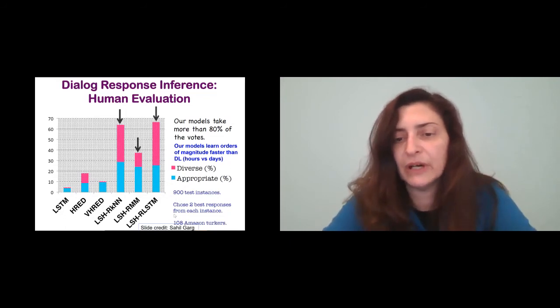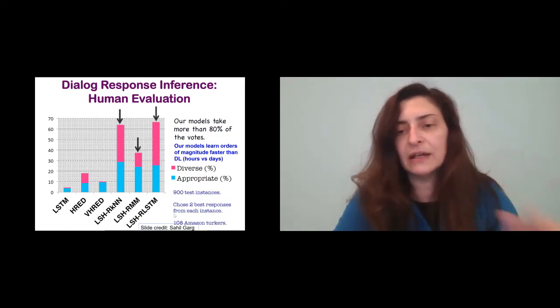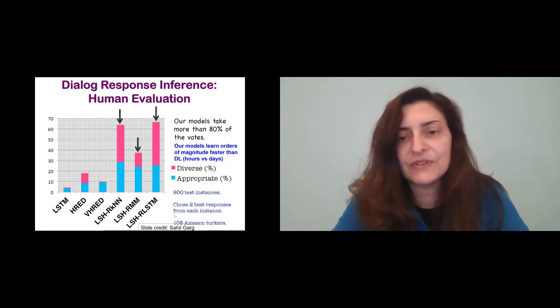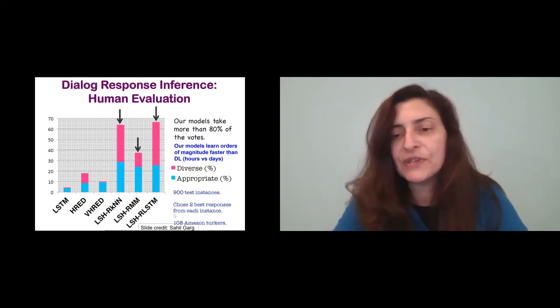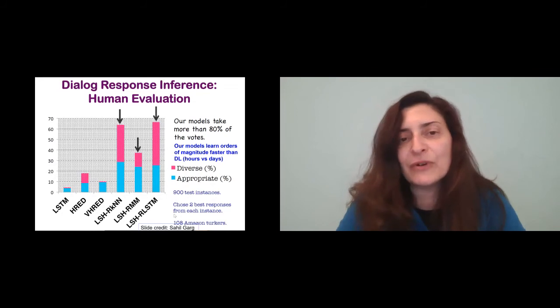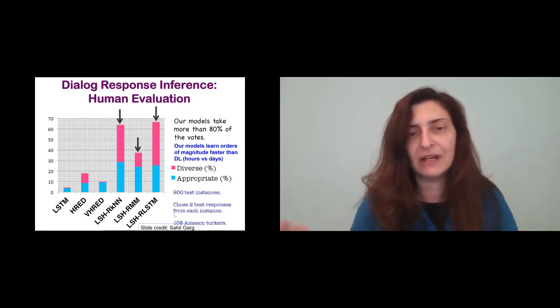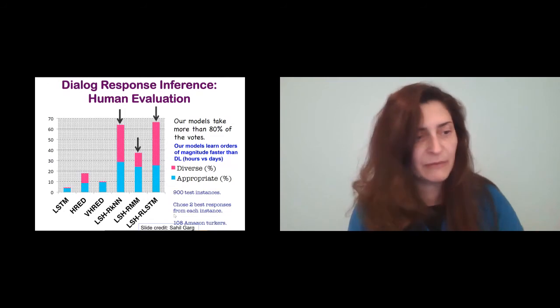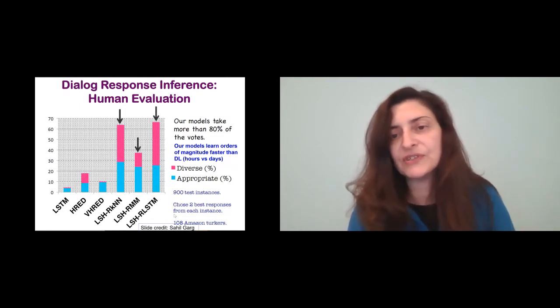We had about 108 people participating in this study, Amazon workers, and they were rating the responses given by each of those 6 systems. And as you can see, in terms of diversity of responses, not repeating the same kind of simple thing all the time, and just giving really different responses to different questions and different kinds of utterances.